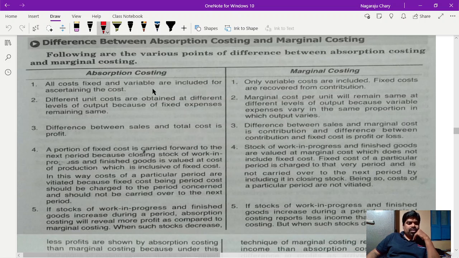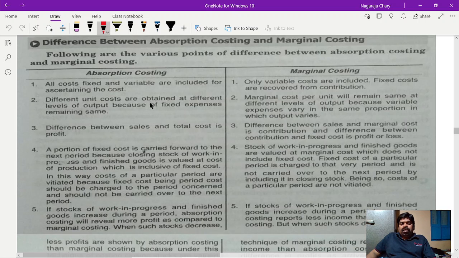All costs, fixed and variable, are included for ascertaining the cost. While calculating total cost, there is no differentiation between fixed cost and variable cost. Both costs are included in the total cost when calculating under the method of absorption costing. Whereas in marginal costing, only variable costs are included, and fixed costs are recovered from contribution.